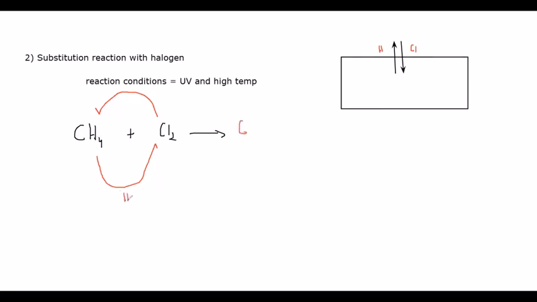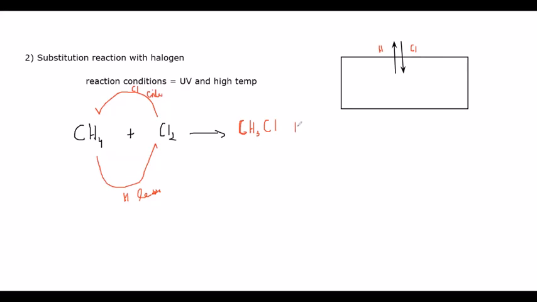As one hydrogen leaves, how many hydrogen am I left with? Originally there are 4 hydrogen, so I'm left with 3 hydrogen atoms. So this will be CH3, and one chlorine also enters, so it will become CH3Cl. One hydrogen leaves and one chlorine enters.